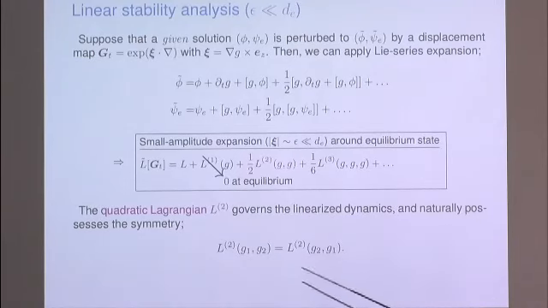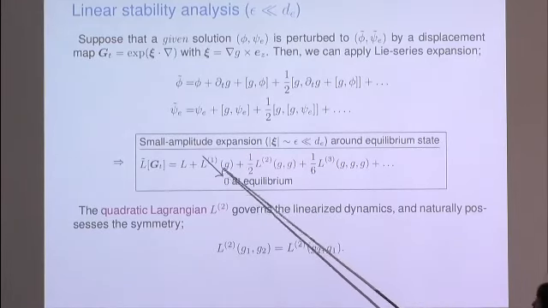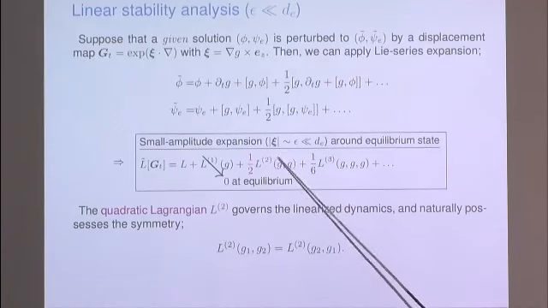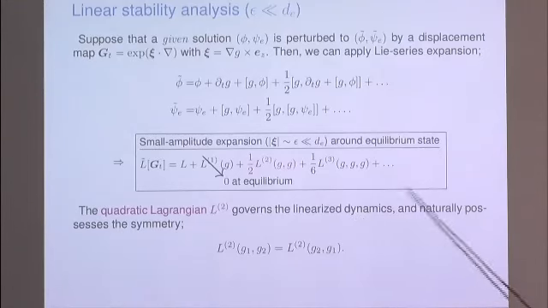If we perform the perturbation analysis around the equilibrium state, the first order automatically vanishes. So the second-order quadratic Lagrangian governs the linearized dynamics, and we can prove that it must satisfy this symmetric property.